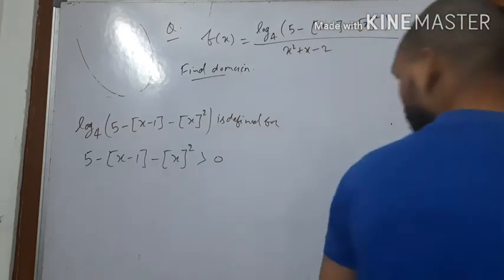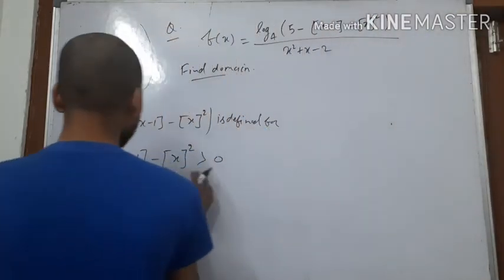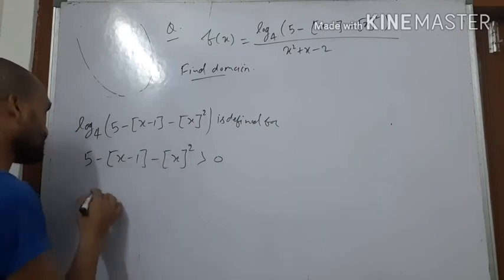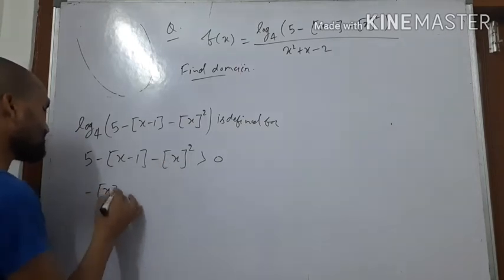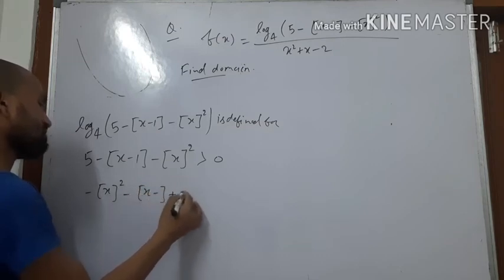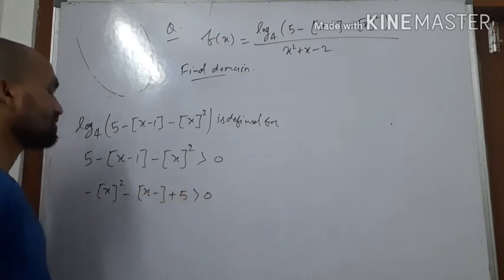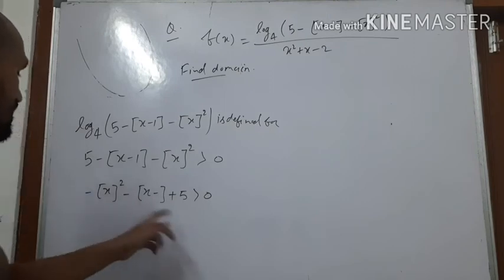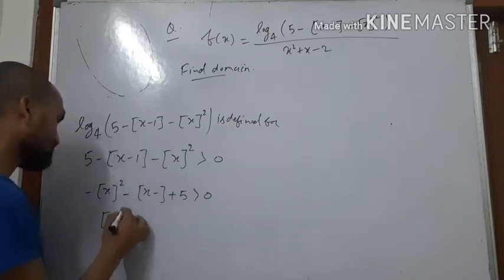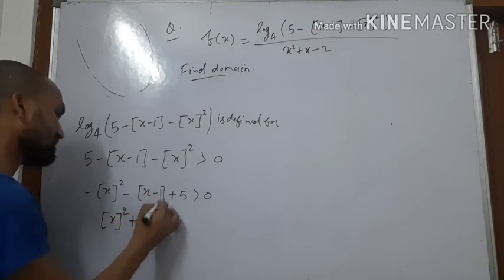Now we should arrange the terms: minus greatest integer of x square minus greatest integer of x minus 1 plus 5 is greater than 0. Okay students, we should alter the sign of each term.